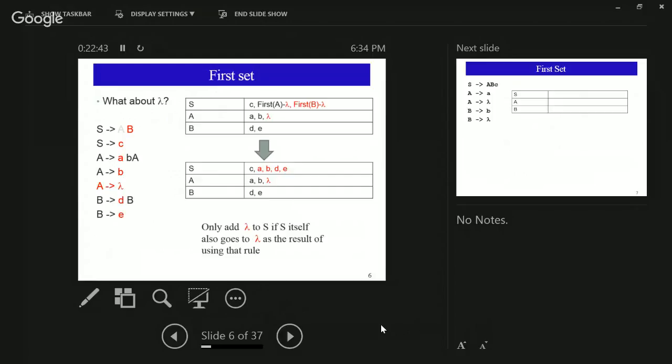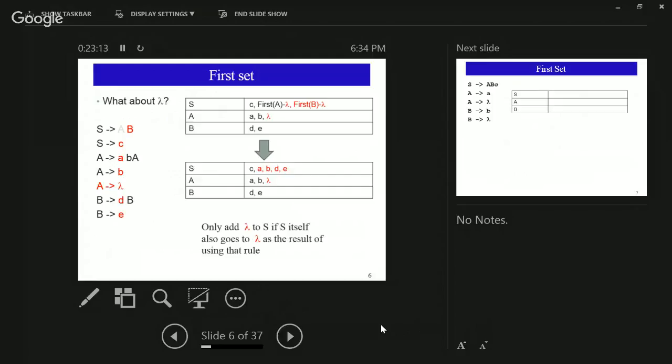Yes. Okay. What happens when that lambda is S? Notice S here could be big A followed by big B. Big A has a lambda, so it could drop out. The big B does not have a lambda, so it's going to have at least a D or an E. So S itself does not go to lambda because B doesn't have a lambda.